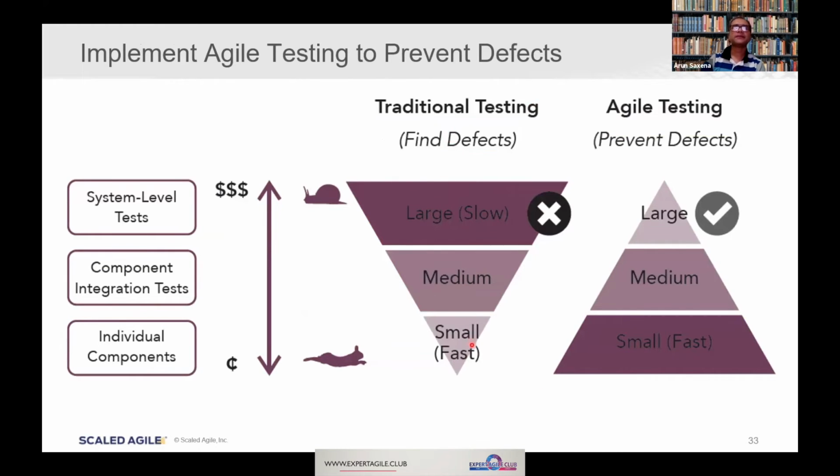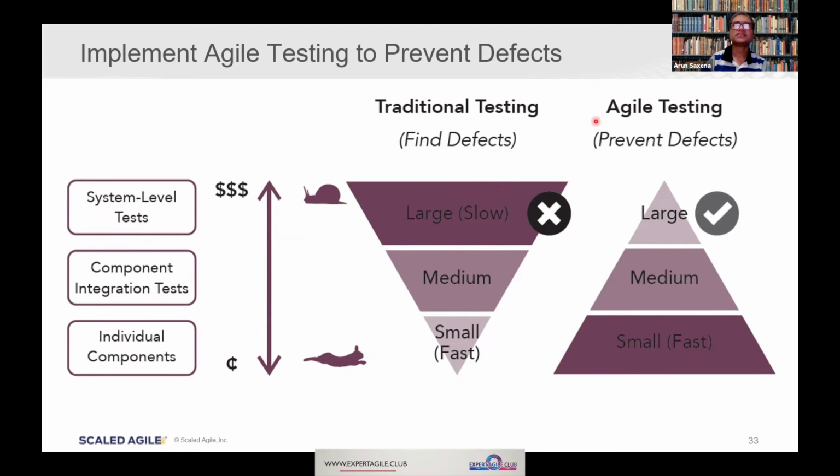So this is the other way to represent it. Traditional testing is mainly used to find the defects, where we have a small number of individual unit tests, then a larger number of component tests, and system level tests are a lot more. So what happens if we do continuous integration using this method, then this will really slow down, because it's a complex system and we do a large amount of feature tests.